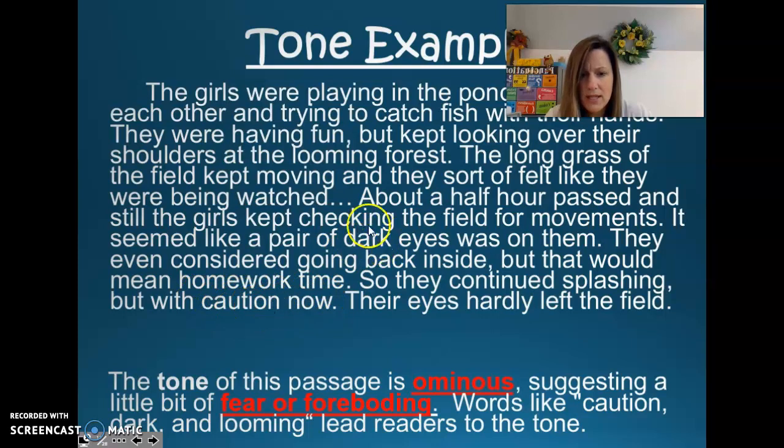You can highlight dark here, dark eyes, and looming. Looming forest, okay? So those are all adjectives there that you want to highlight that give you an idea of how the author feels. That is tone.